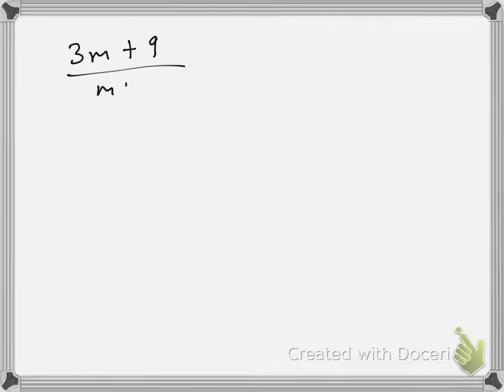Okay, next problem. 3m plus 9 divided by m plus 3. This is kind of the same problem that we just did on the other page. We see that the numerator has a greatest common factor of 3. So if we take the 3 out, the m plus 3 cancels with the m plus 3 because in the numerator it's held together with multiplication.